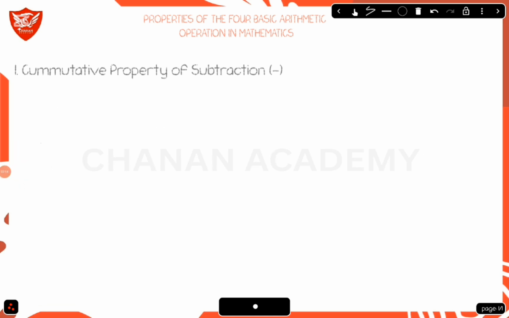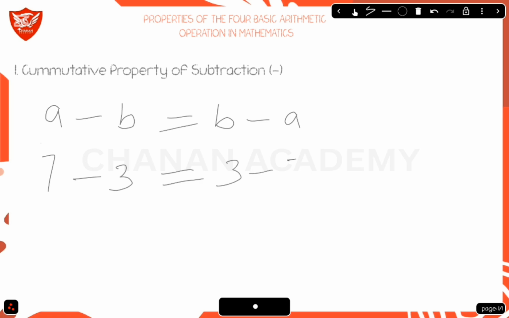So let's check the commutative property of subtraction. Like we said, the change of order doesn't change the result. So let's see if it's true for subtraction too. So let's say A minus B equals B minus A. If A is 7 and B is 3, is it the same thing as 3 minus 7?